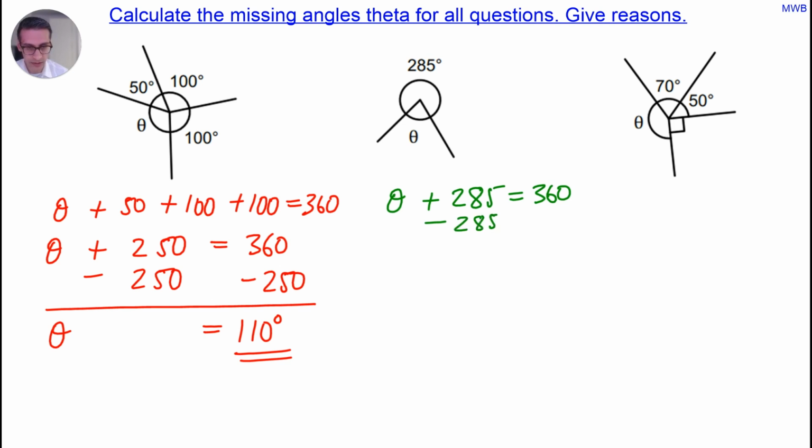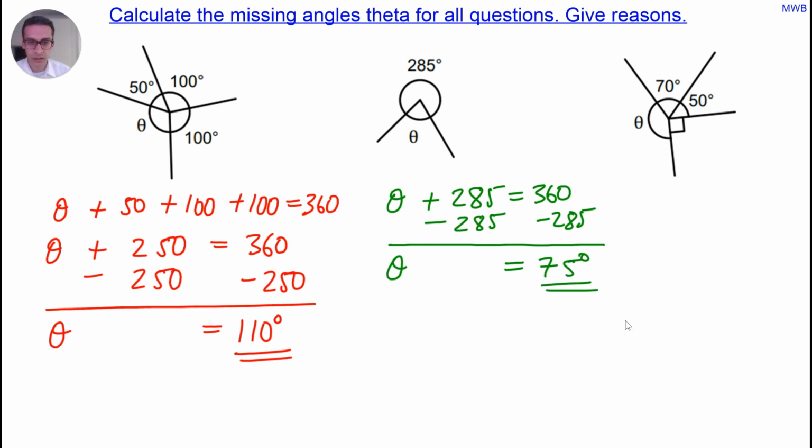So take away 285. Take away 285. So theta is equal to 360 take away 285, which is 75 degrees. Now remember, these diagrams are not always drawn to scale, so sometimes you have to trust your maths more than the diagram.